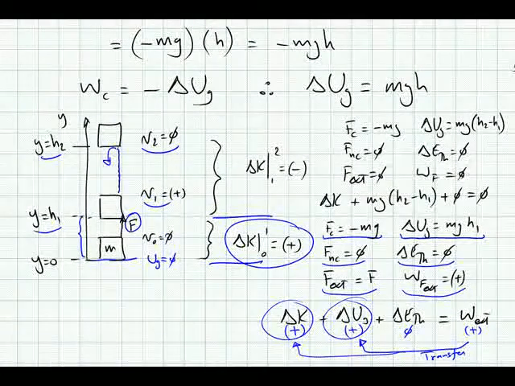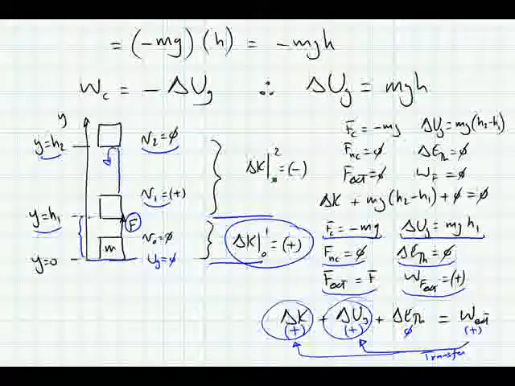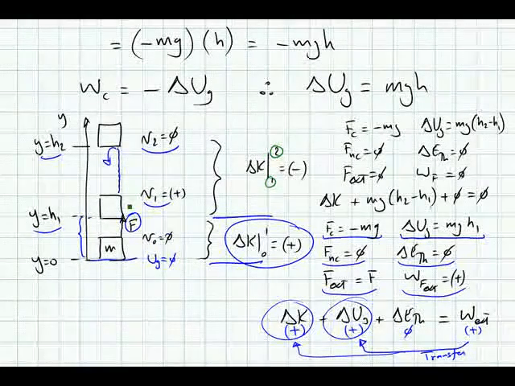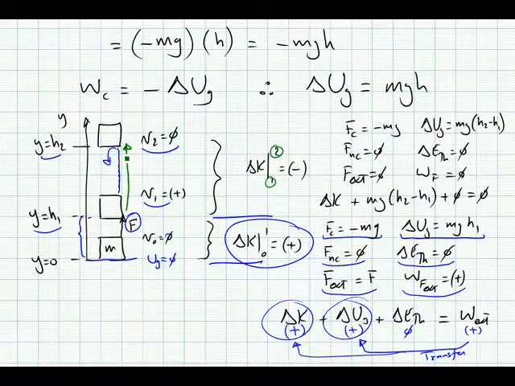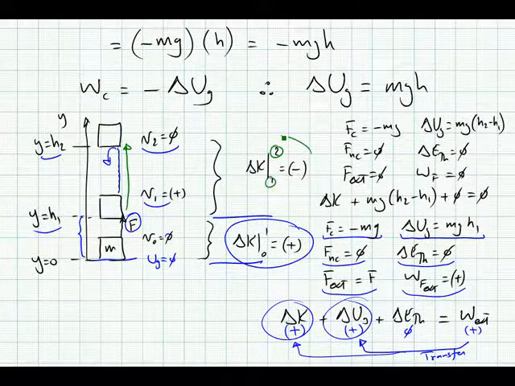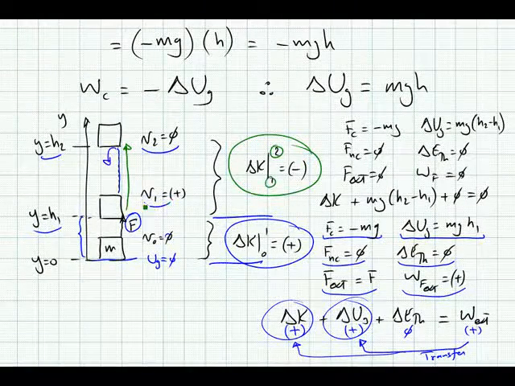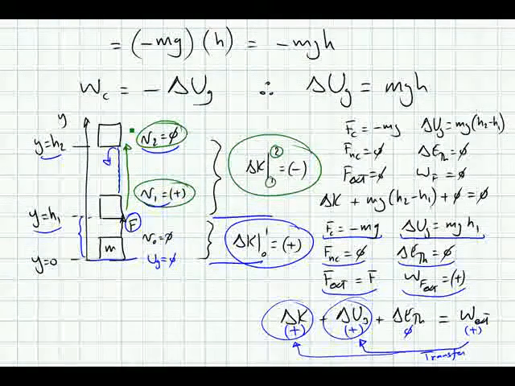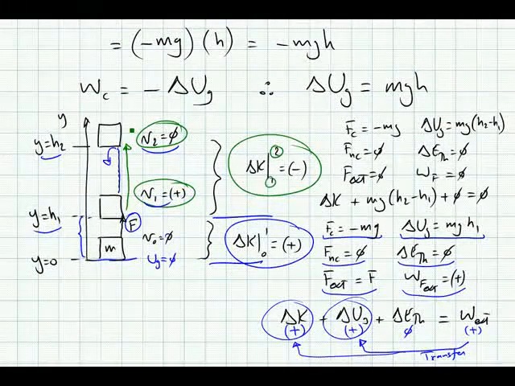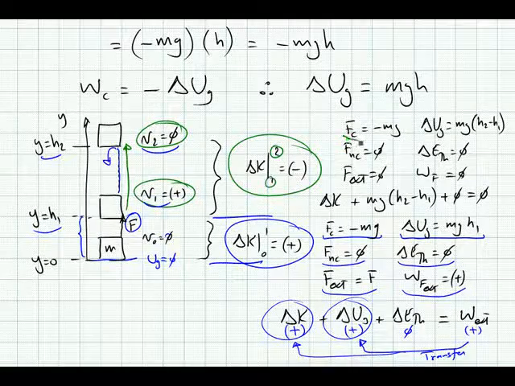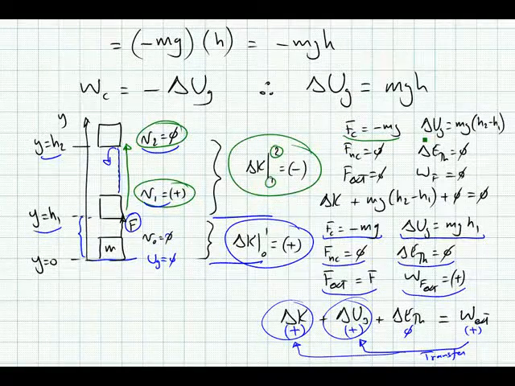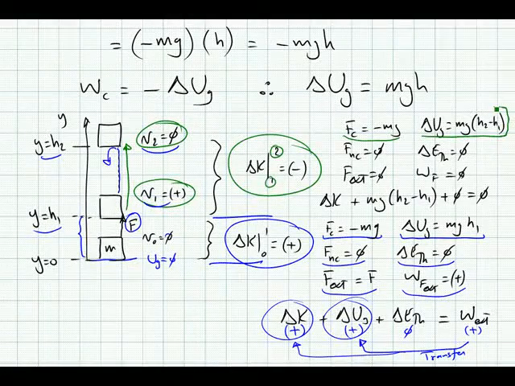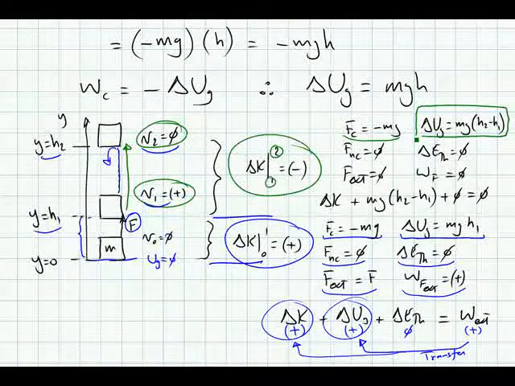Now for the second part, the object going from position 1 to position 2, the change in kinetic energy is negative. We go from having a positive velocity to 0 velocity. Once again, the work done by conservative forces is negative, which means that the change in gravitational potential energy is positive.